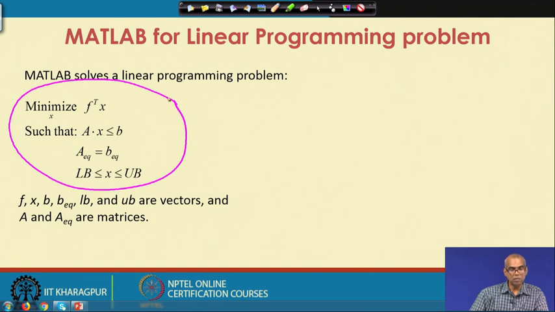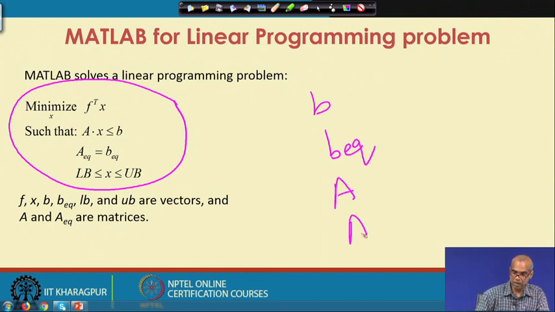MATLAB solves: minimize f transpose x such that A x less or equal to b, Aeq x equal to beq, and x is bounded between lower bound and upper bound. Here f, x, b and beq are vectors, and A and Aeq are matrices.